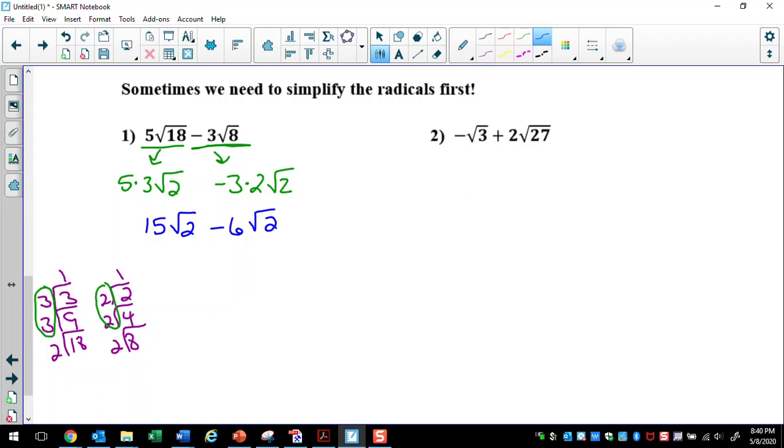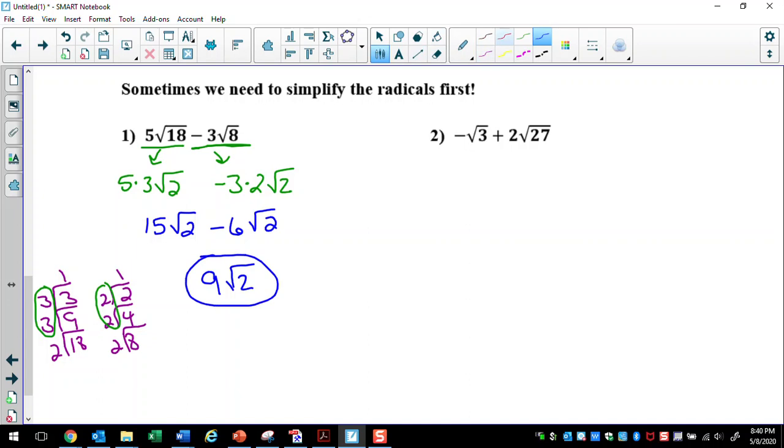So now I can subtract 15 minus 6. Oops, not a 5. Sorry about that. So that gives me 9 square root 2. Okay. Let's take a look at another one like that.